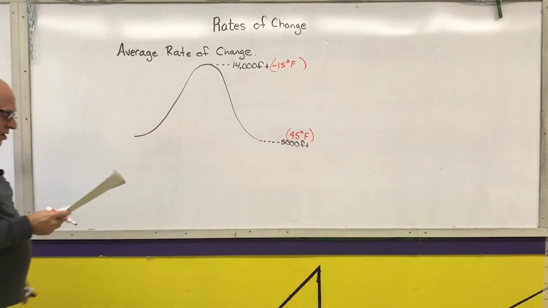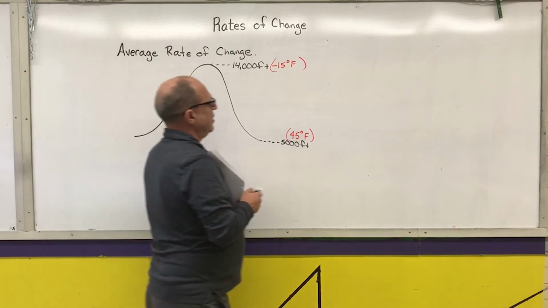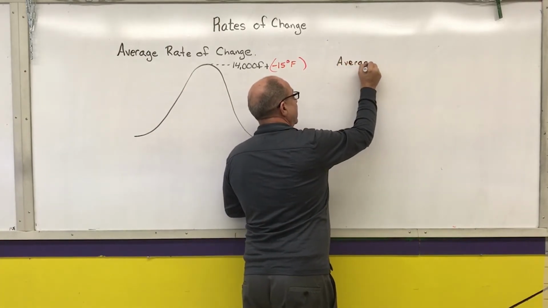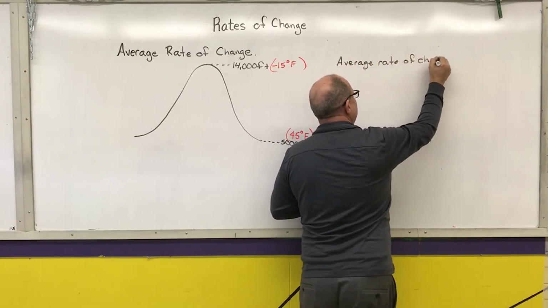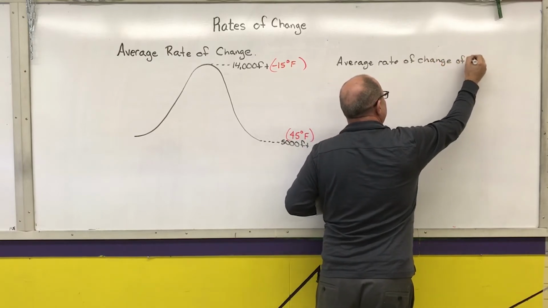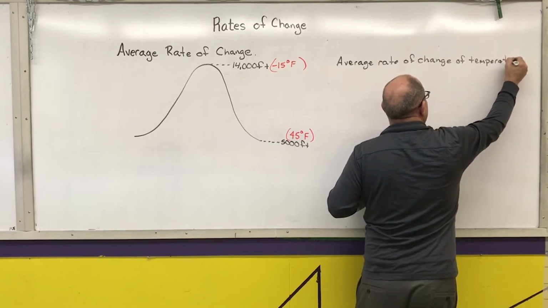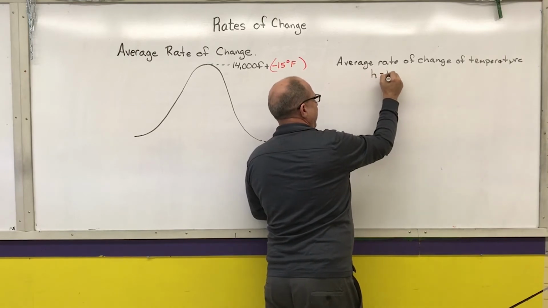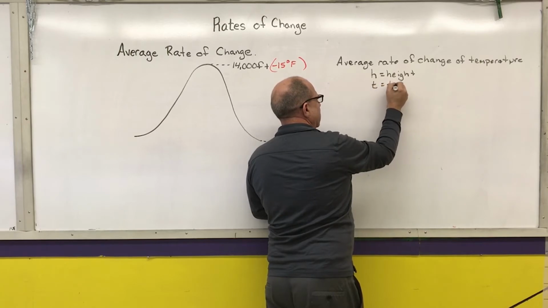What I want to know is the average rate of change of the temperature based off of the altitude. So what we're looking for is the average rate of change of temperature. And here's what I'm going to do, I'm going to use H, which stands for my height. T is my temperature.